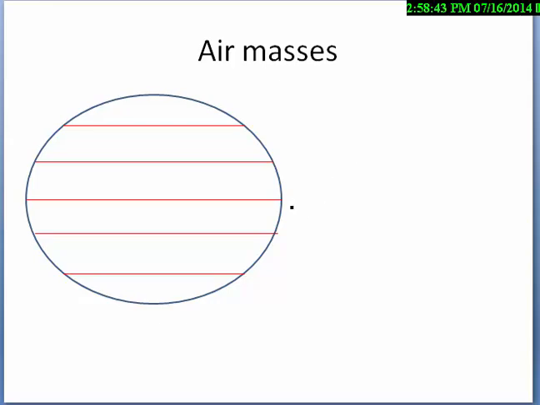This is the 0 degree equatorial low pressure belt. 0 degree latitude is known as the equatorial pressure belt. As we go up, at 30 degree north it's the subtropical high pressure belt.